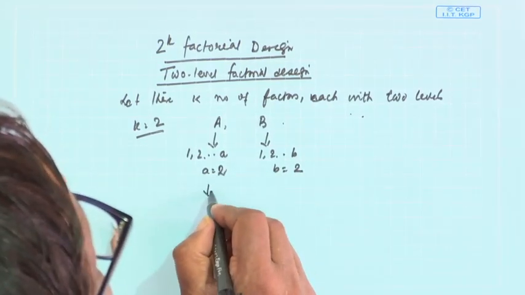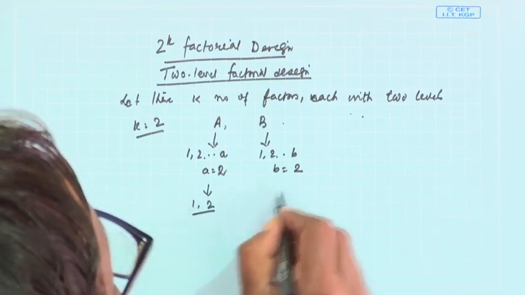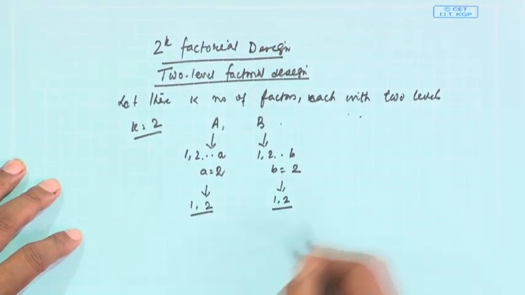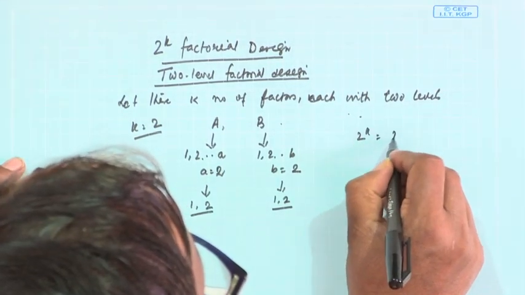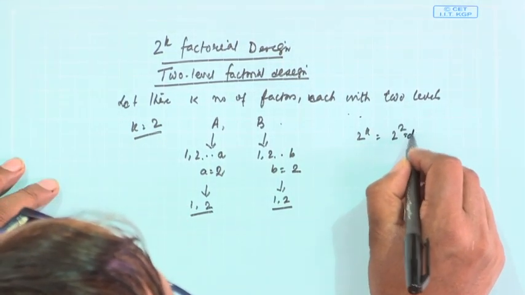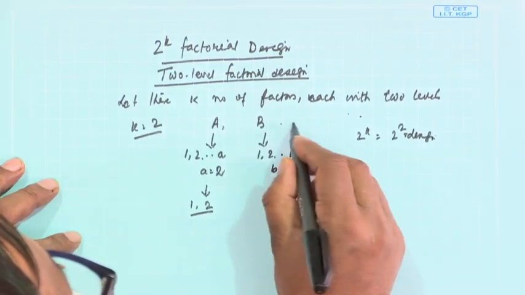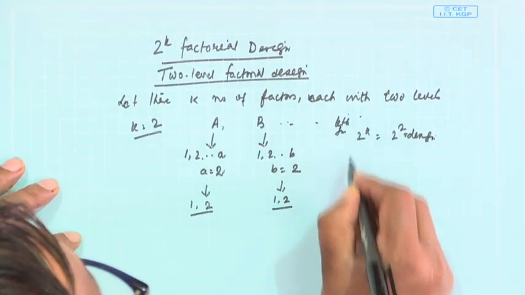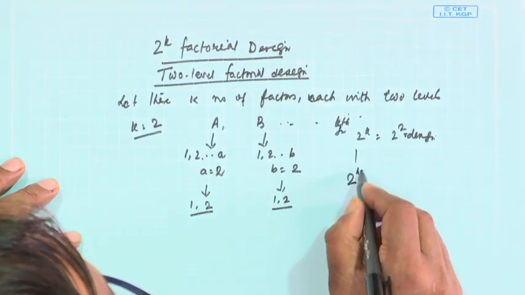As a result, A has 2 levels as well as B. Then the design will be 2 to the power k equal to 2 to the power 2 design. So, as such if there are k factors, then the design will be 2 to the power k.